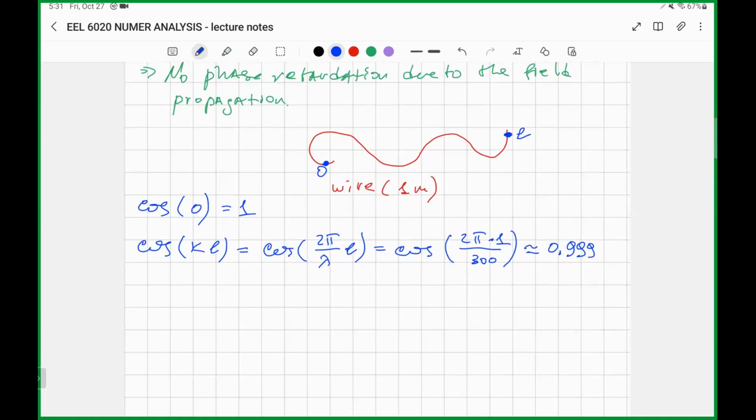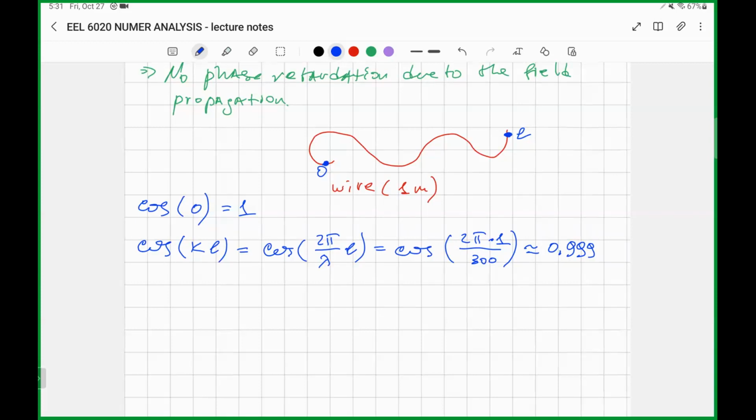So basically we shouldn't care about the phase difference in the same circuit, unless the circuit is very, very large.